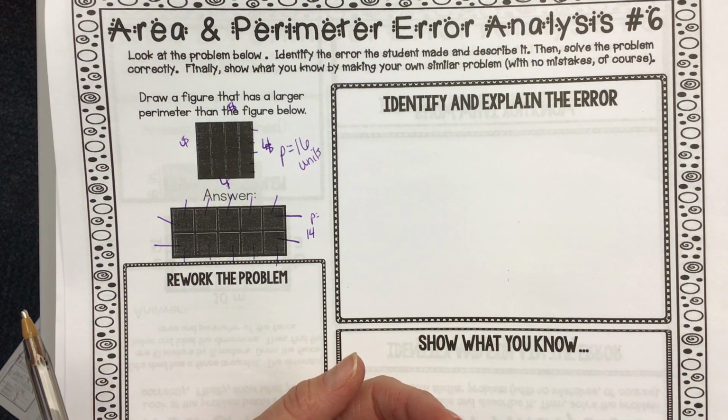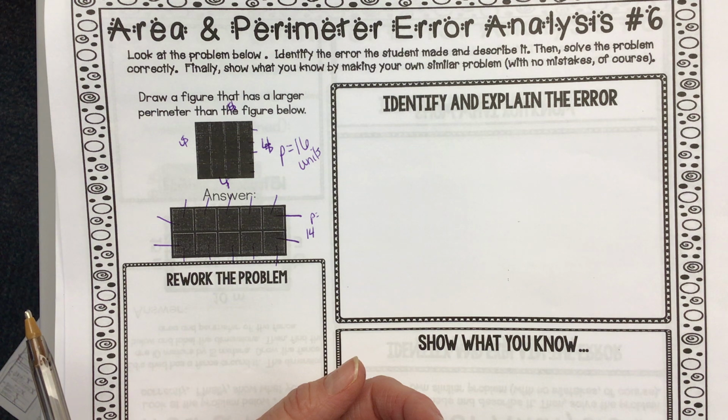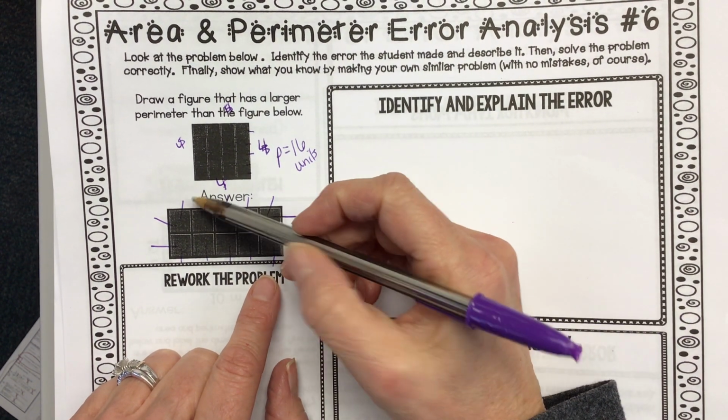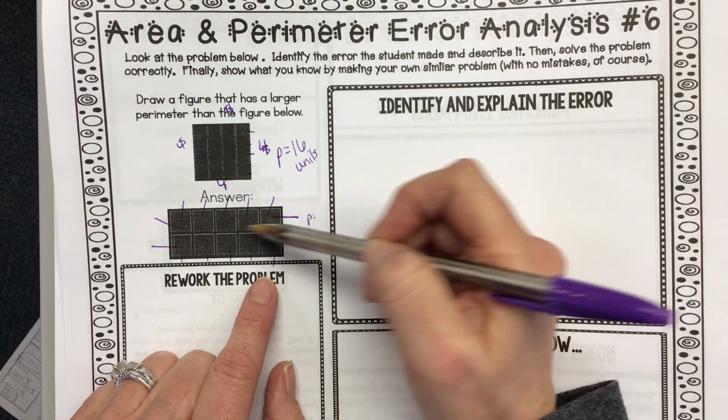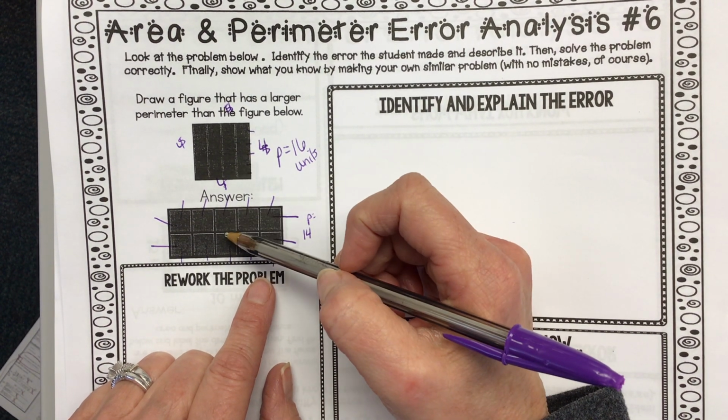Cordelia? The student made a rectangle that was bigger in area. You need to have a shape that has a longer length and width than 4 by 4. Okay, but it's not bigger in area. That's what I was counting up to, because this is only 10 square units, and this one is 16 square units.